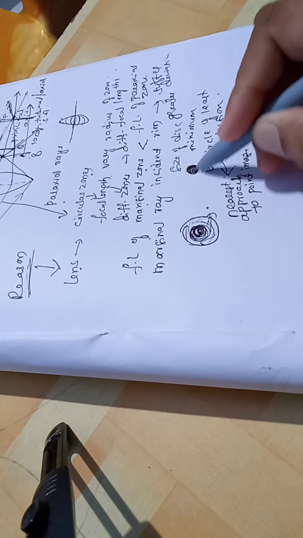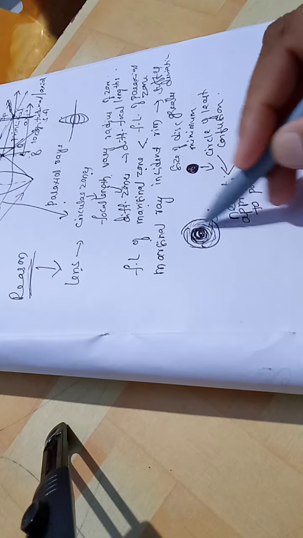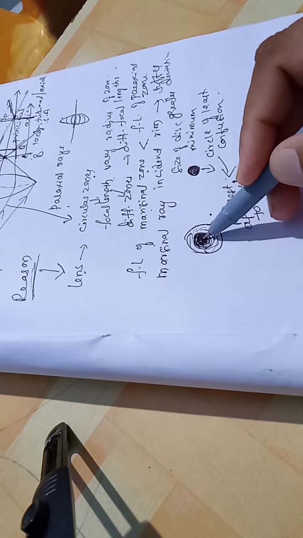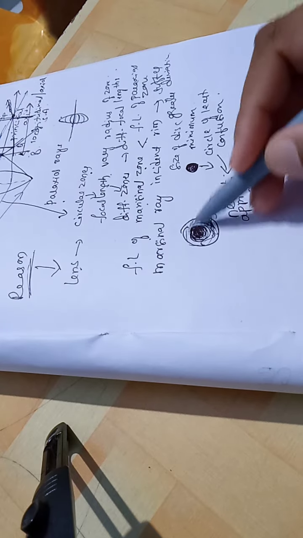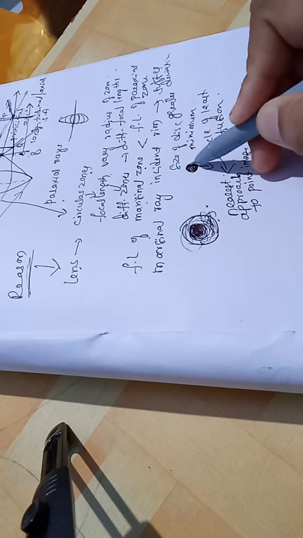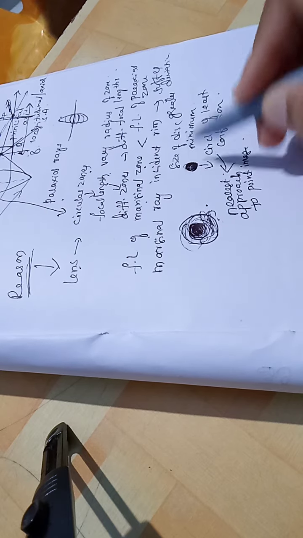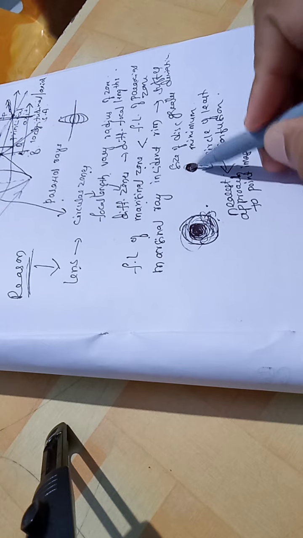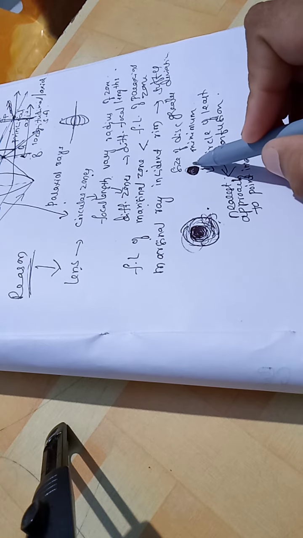So in the other two cases, what happened? At the center it is sharply focused. As we go to the outer edges, it is diffused, we said. But here this circle of least confusion will be of uniform sharpness.